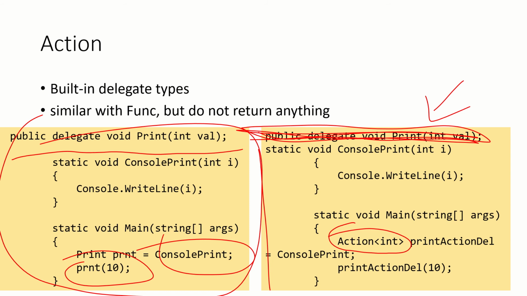So we can use these generic built-in delegate types to help you write a delegate. For Func, you can declare with the return type. For Action, there's no return type, but you can declare as many parameters as you want.